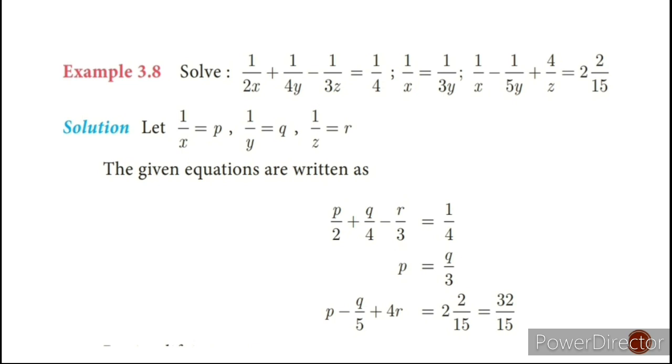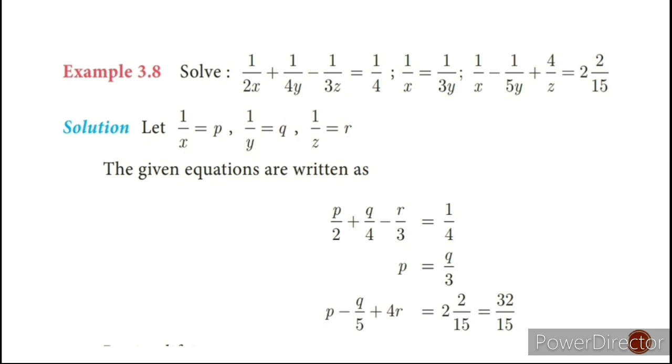Now the second equation, similarly we have to convert the second and third equations also. Here 1 by x is equal to 1 by 3y is given. So instead of 1 by x, I write p here.